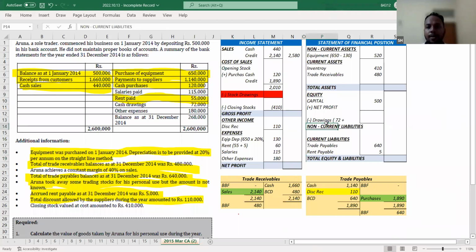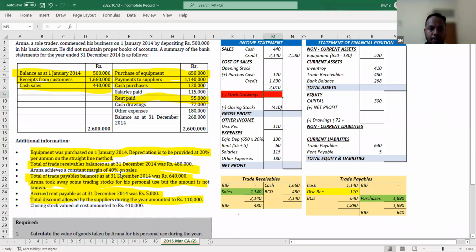We need to find out that. Bank balance 268. Now we need to find out the gross profit and stock drawings.